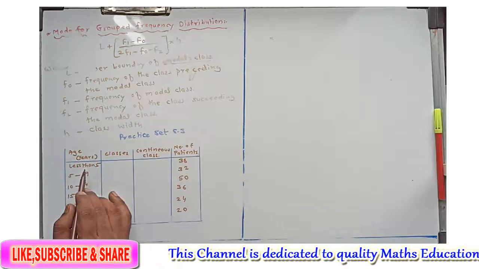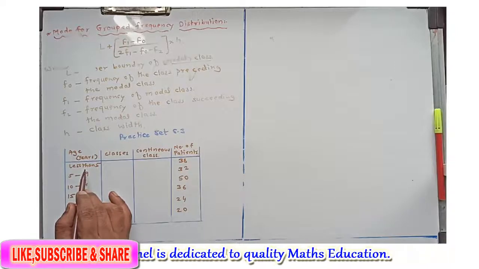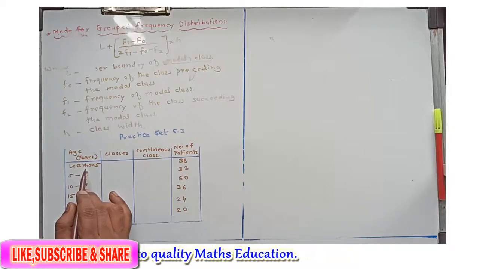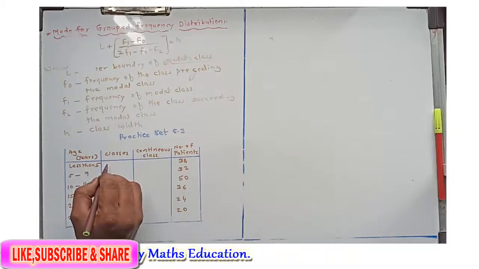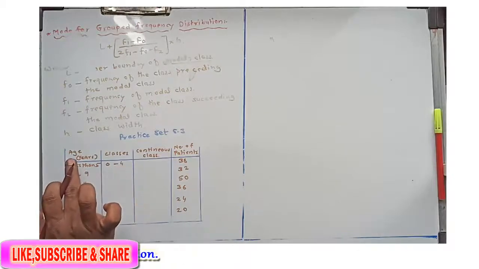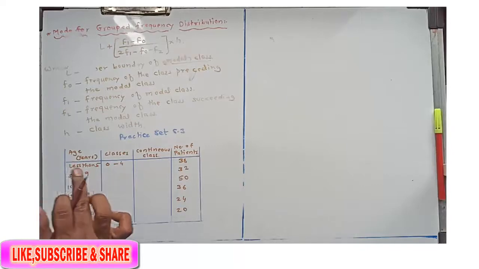So here we have to make the first class one whose class width is 4. So we make that first class 0 to 4, because the column is for age, under age, and age is never negative. So we can take 0 to 4.